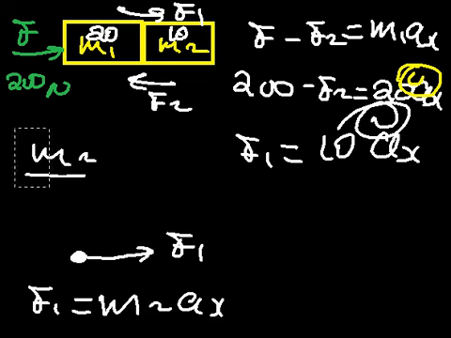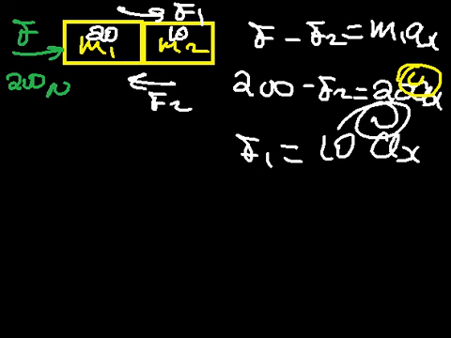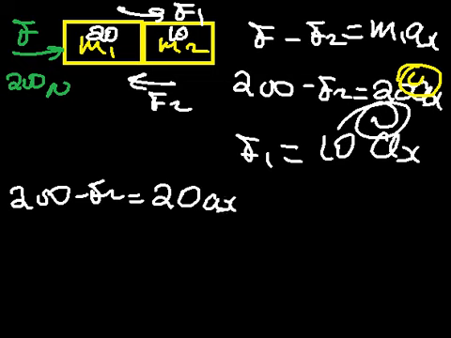Then we have to solve for acceleration. Since we have two equations, 200 minus F2 is equal to 20 times acceleration, and F1 is equal to 10 times acceleration.